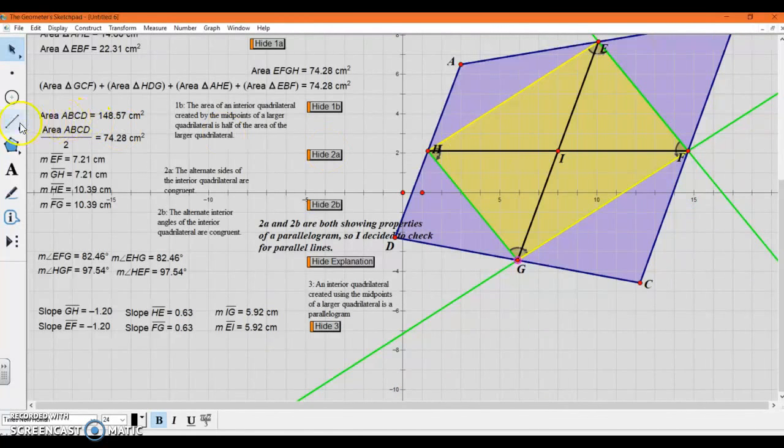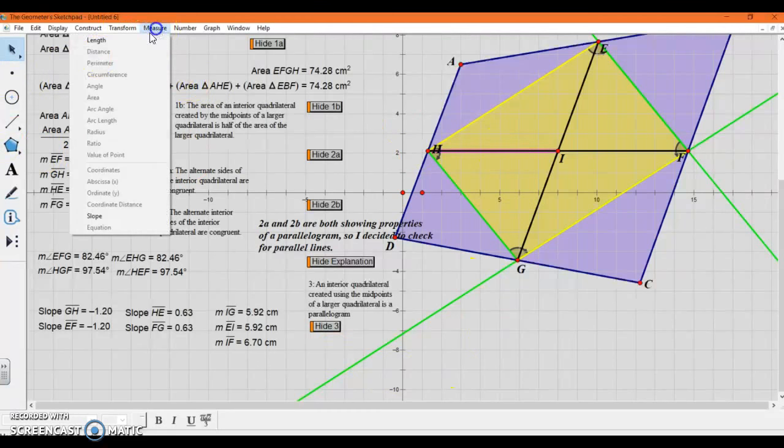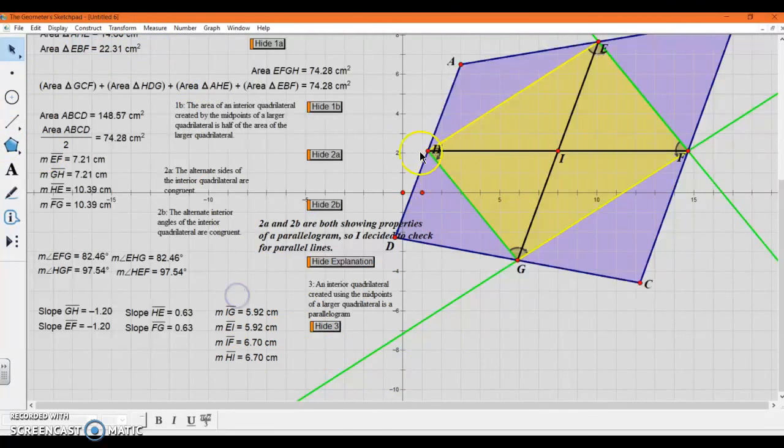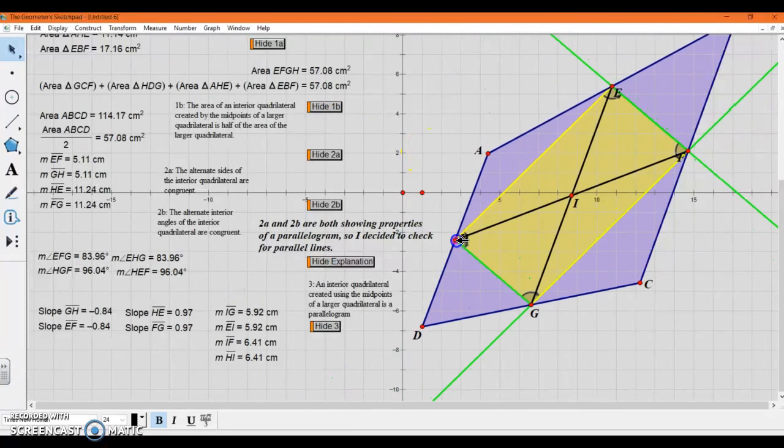And that means that these line segments, HI and IF, will also be equal to each other. Let's make sure we get HI, and they are equal as well. To conclude, an interior quadrilateral created using the midpoints of a larger quadrilateral is a parallelogram.